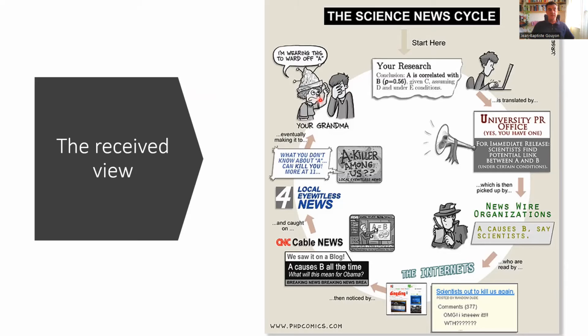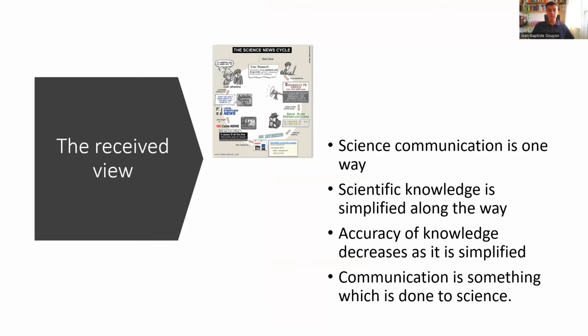And as the piece of science information, science news circulates, according to this model, it is simplified and increasingly transformed. So the view which sees science communication in that way holds that science communication is something which happens in one direction. It's a one-way process.